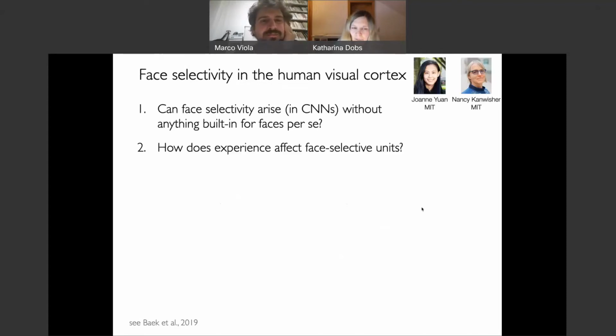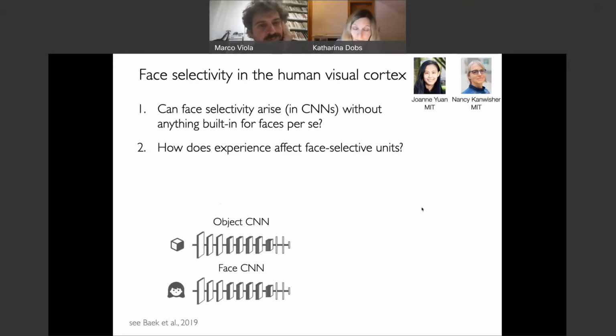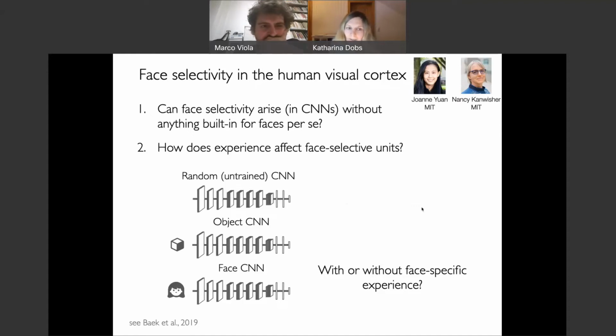And how does experience really affect these face selective units? So we took the object CNN that I showed you before and the face-trained CNN, for which we manipulated whether they had face-specific experience or not, and then we added a third one, namely the random untrained CNN. Same architecture, but it hadn't been trained on anything. So basically the manipulation here was with or without any visual experience, right?